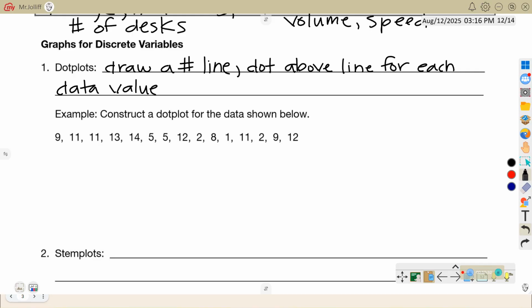Lines and dots, we can do that. I don't even need any art skills for that. So we have an example. It says construct a dot plot for the data shown below, and it gave us a list of numbers.